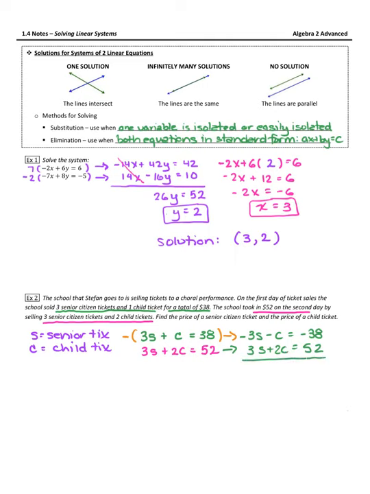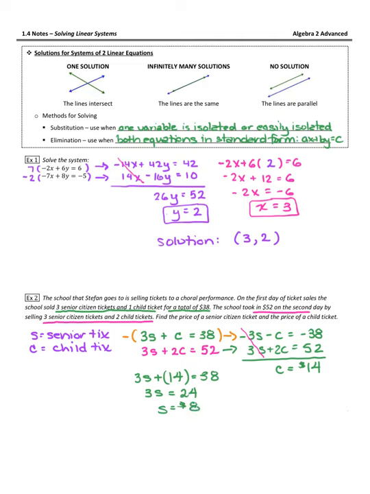When I add those together, it eliminates the senior citizens so that I have one children ticket equals 52 minus 38, which is $14. And so then back substituting, I'm going to do it into the original equation. We had that 3 senior citizens plus 1 children's, which we now know is $14, equals 38. So 3 senior citizens equals $24. So this is going to be $8.